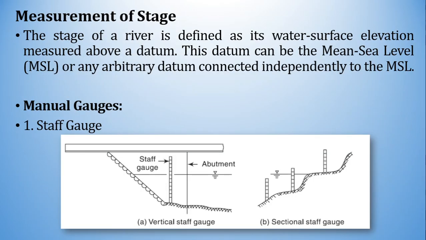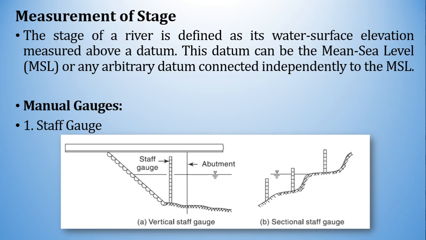Now, how to measure the stage? There are some manual methods, which include the staff gauge. The stage of a river is defined as its water surface elevation measured above a datum. This datum can be the mean sea level (MSL) or any arbitrary datum connected independently to the MSL.